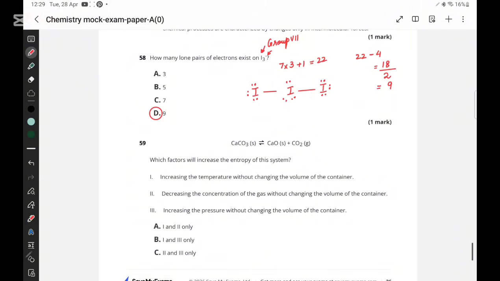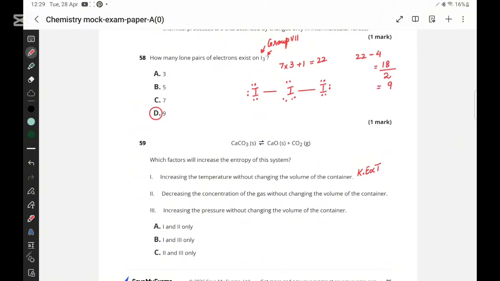Now for the next question, they are asking which factor increases the entropy of the system? So if we see statement 1, increasing the temperature without changing the volume of the container. As we know, kinetic energy is directly proportional to temperature.